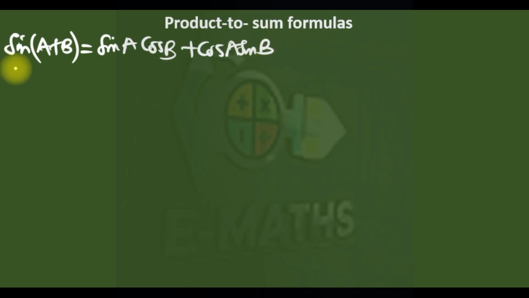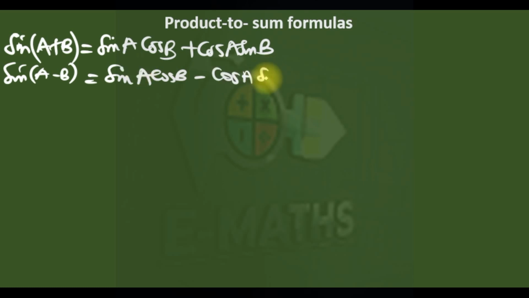And sine A minus B is the same as sine A cos B minus cos A sine B. So let's call this equation 1, equation 2.